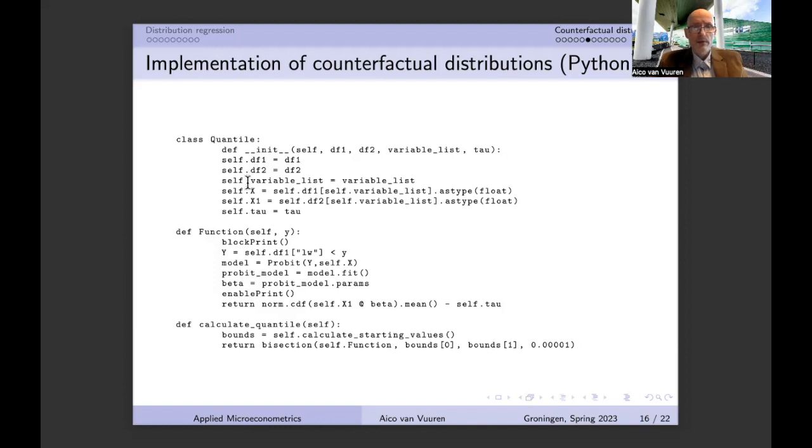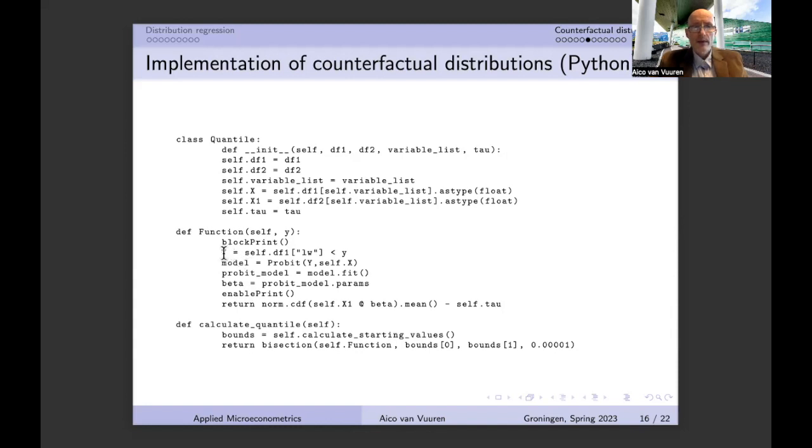Here we have the variable list. We even have tau over there. And very nice with respect to classes, they also have their own functions. This is a function that is very important because there I actually do the counterfactual distribution.